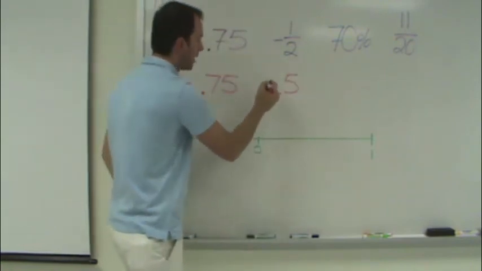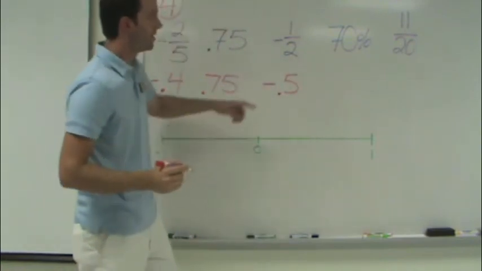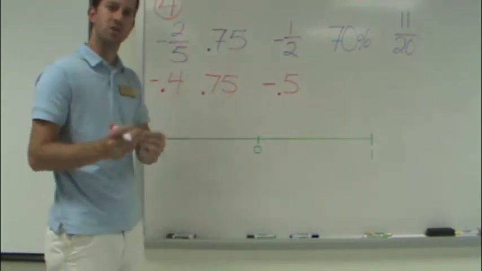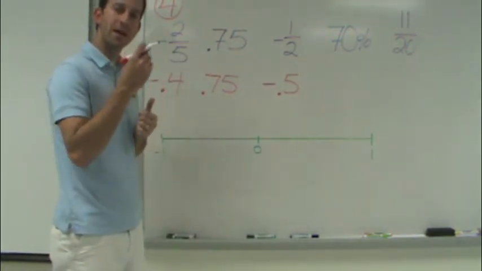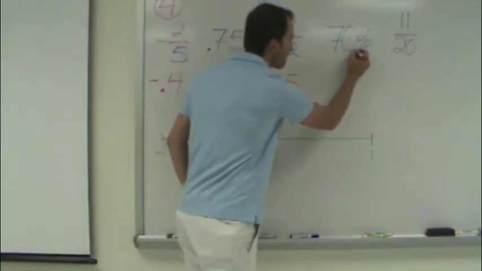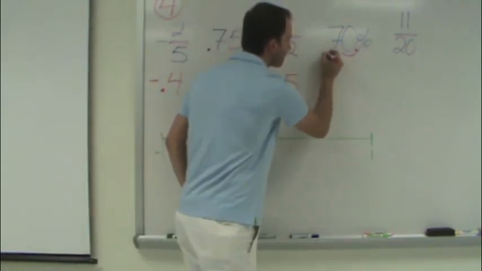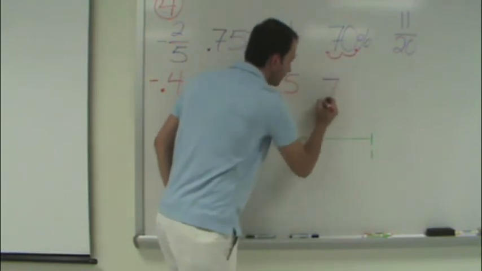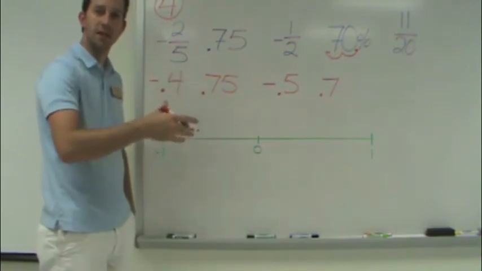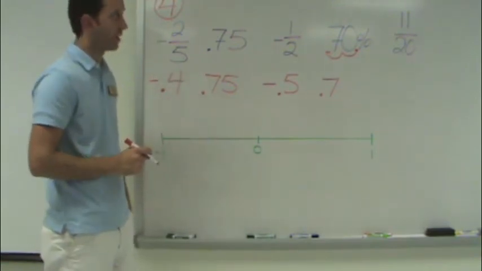And again, we'll bring down our negative sign. Then 70%. I hope everybody can remember that to change a percent to a decimal, we're going to make a decimal place and move it 2 spaces to the left. So 70% becomes 0.70 or just 0.7.